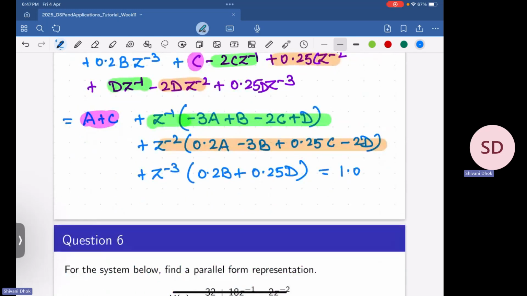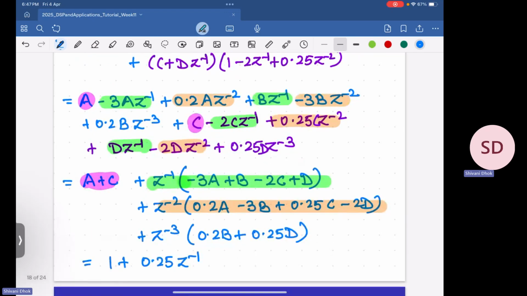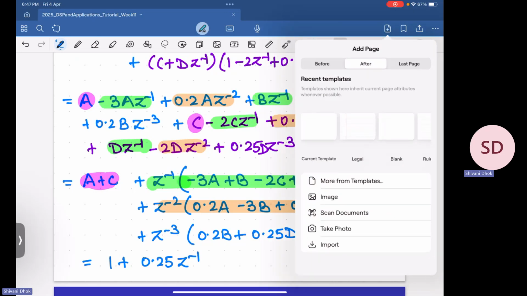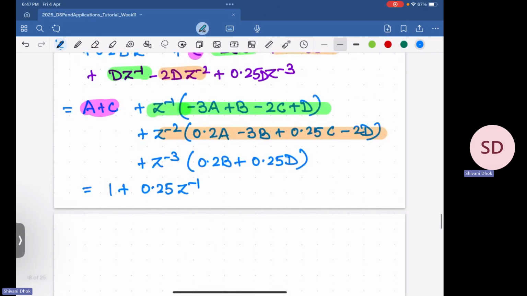So this thing is equal to 1 plus 0.25 z inverse. Now let us equate the coefficients of z inverse, z to the power minus 2, and z to the power minus 3 on LHS and RHS. If we compare, we get a plus c is equal to 1, which implies c is equal to 1 minus a.